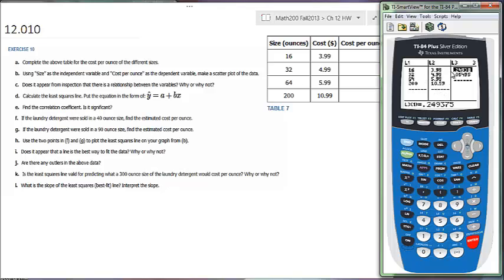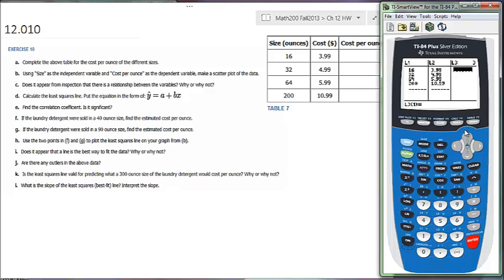For my L3 I have some data that I want to get rid of, so I'm going to arrow up to L3. My editor down here says L3, without parentheses, equals a list of things with curly braces, and I just want to clear that out. So I'll press clear and I'll press enter, and that's gone.